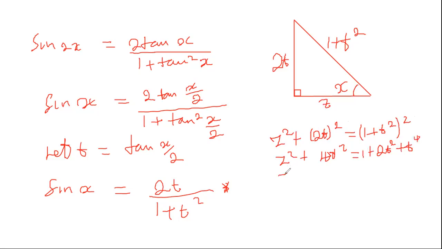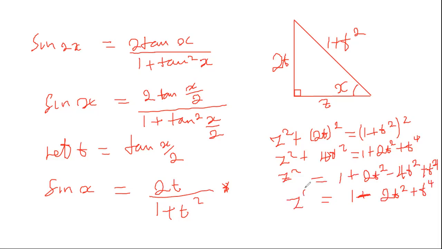So this can be written as z squared is equal to, we transfer the 4t squared to the other side, 1 plus 2t squared minus 4t squared plus t to power 4. So this would give us, it will be 1 minus 2t squared plus t to power 4.